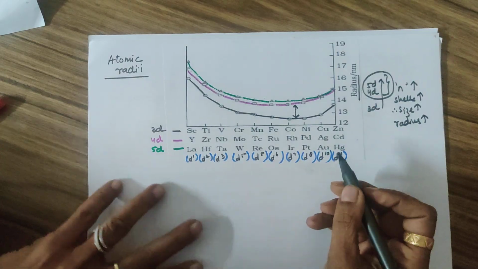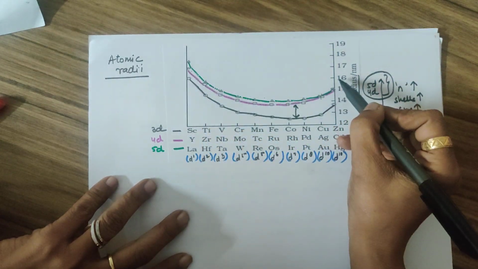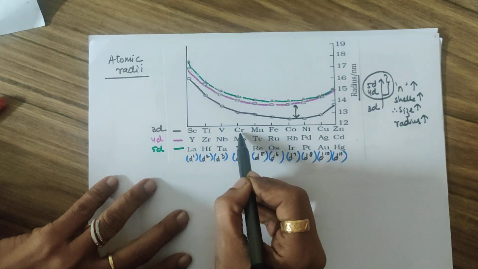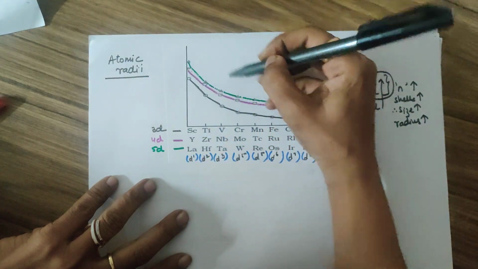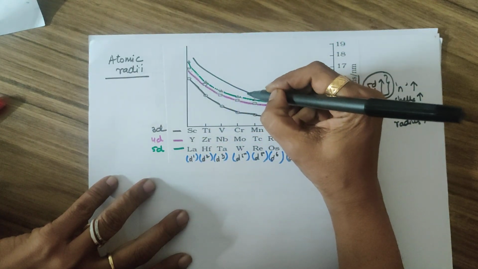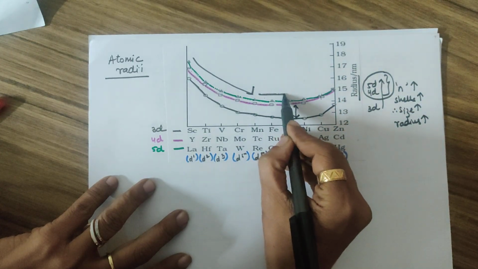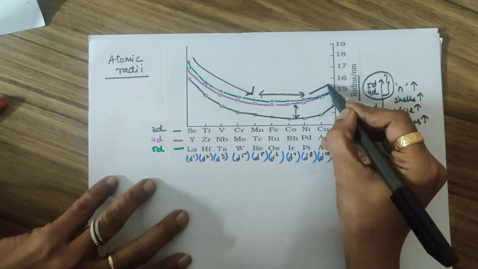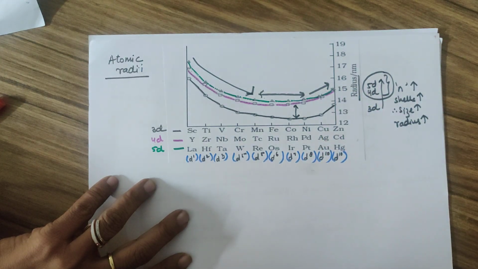Now, why is it again a curve? The reason for the curve is as you move from scandium to chromium, we find the size is decreasing here. Then it becomes kind of constant, and then there is a slight increase in size. This is important to understand.